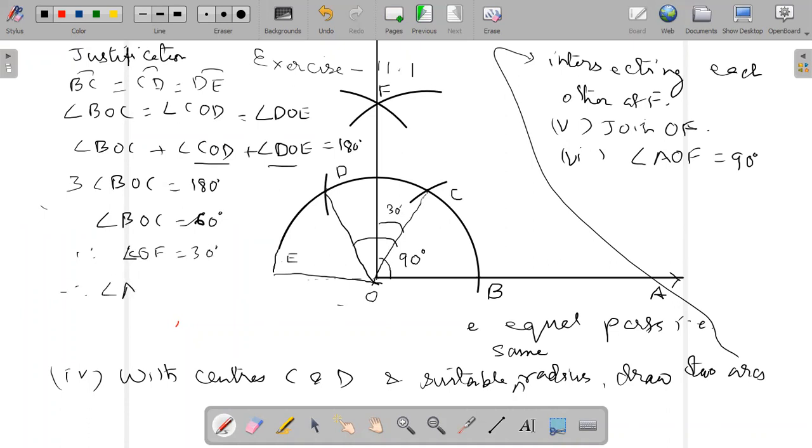Therefore, angle AOF will be equal to angle BOC plus angle COF. This angle BOC is 60 degrees and COF is 30 degrees, so 60 plus 30 is 90 degrees. Just like a proof, we have to do the justification. Okay, got it?